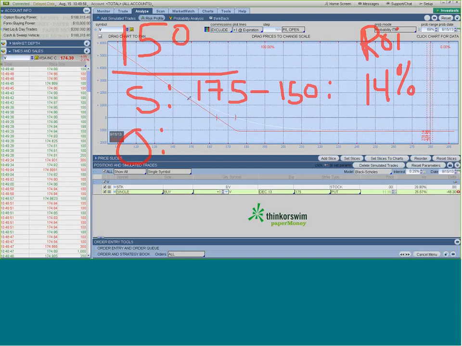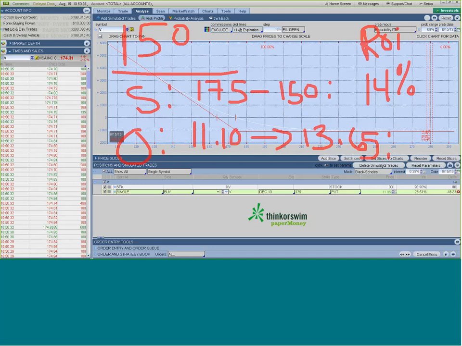So the option right now is $11.10. I don't want to erase all this stuff. How much is that percentage-wise?